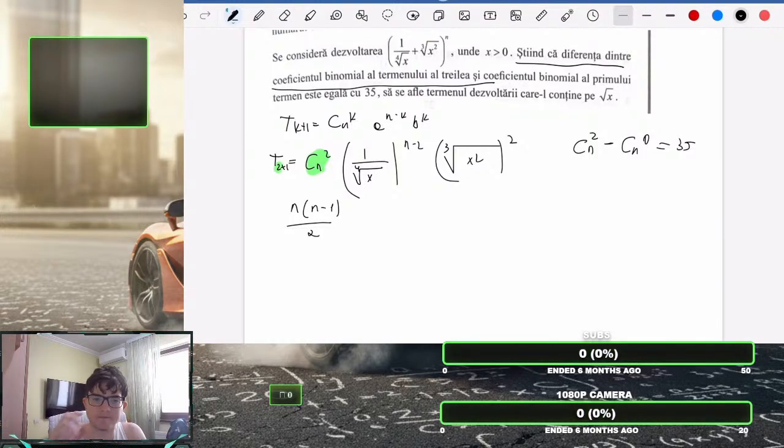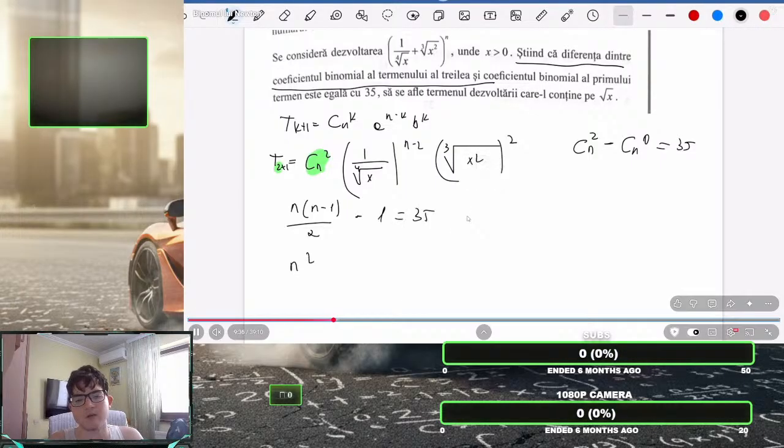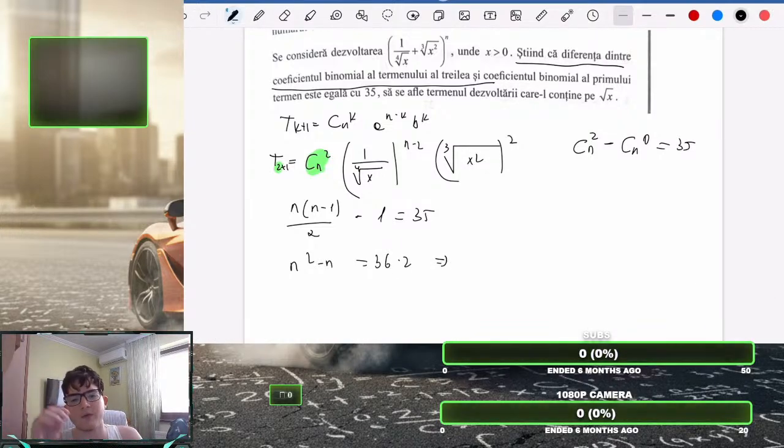Exactly. Now, solve it and everything. And n minus 1, just like before, divided by 2. And the one with the 0. Is it 0? N minus 0, factorial. What is? Minus 1, huh? It's minus 1 equal 35.